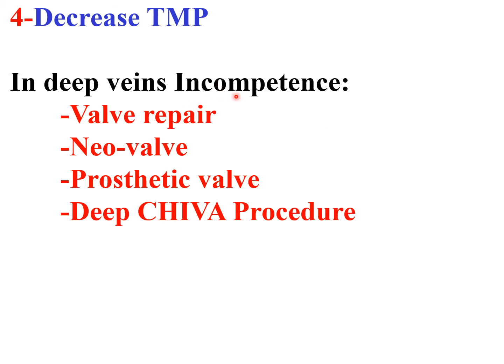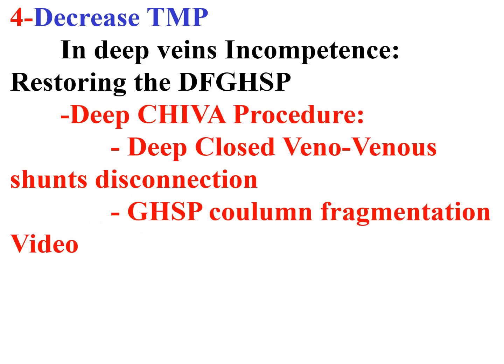In case of deep incompetence, we can repair the valve, create a neo valve, use a prosthetic valve, or do the deep Shiva procedure. Deep Shiva procedure consists of deep closed venous shunts disconnection and hydrostatic column fragmentation. And for that, we have a video to show you.